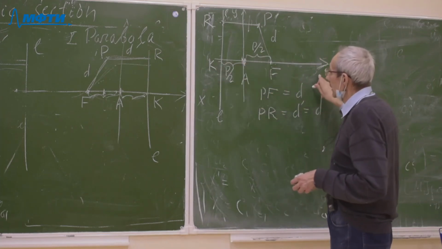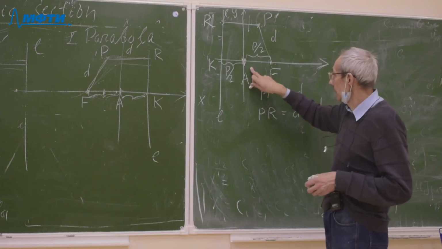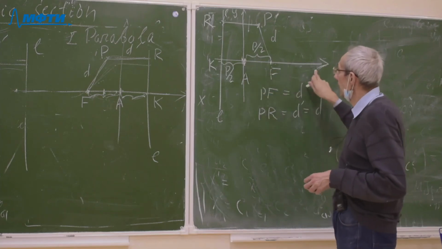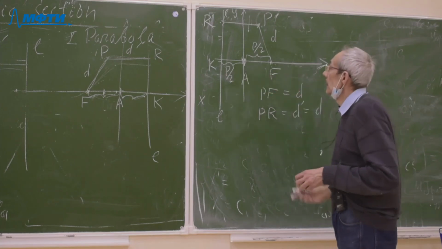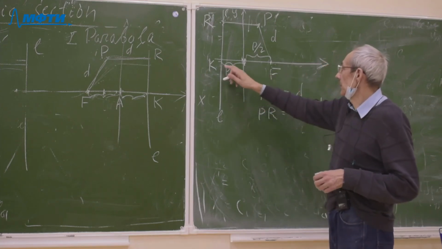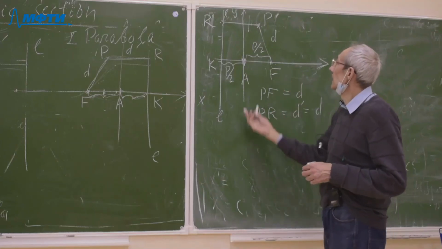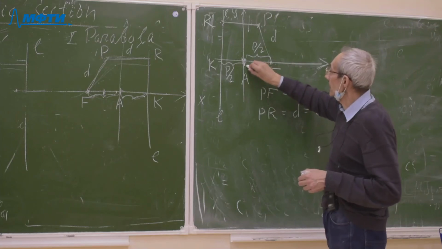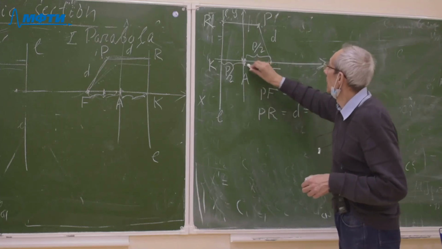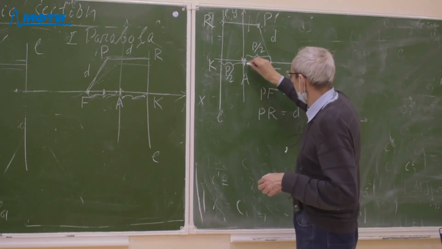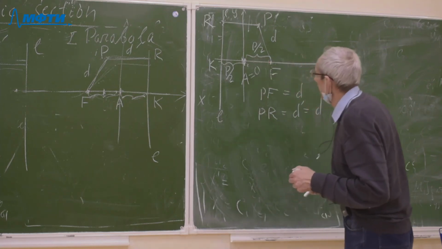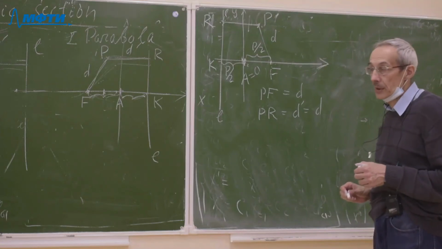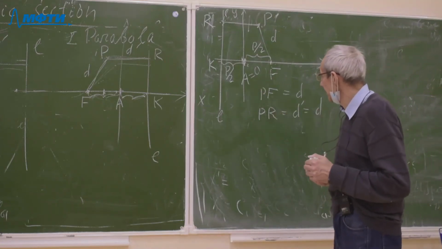The x axis, the abscissa OX, coincides with the straight line which passes from K and F, and the y-axis passes through A, and A coincides with the origin of this coordinate system. A is the origin.